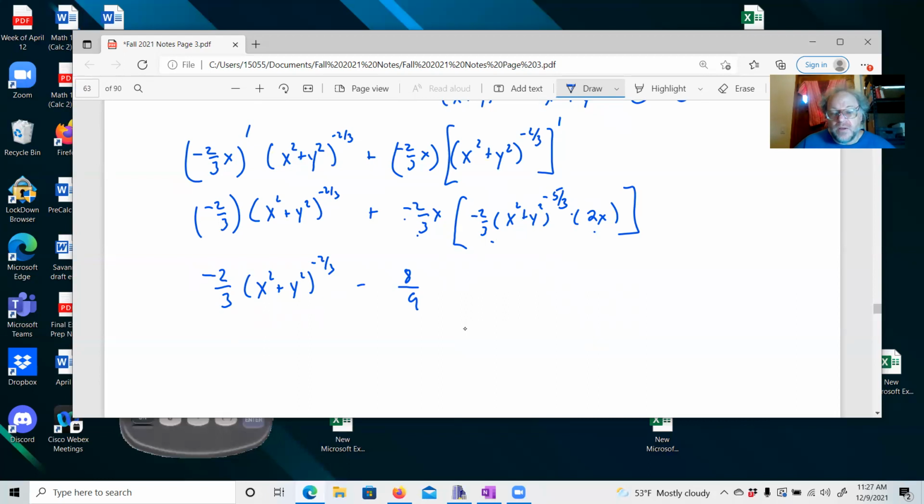How many negatives do we have here? We have 2 negatives, so that'll be a positive there. How many x's do we have? We have 2 x's. And then we have x squared plus y squared to the negative 5/3.